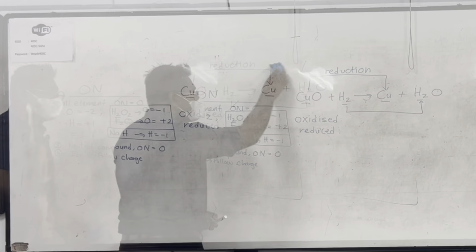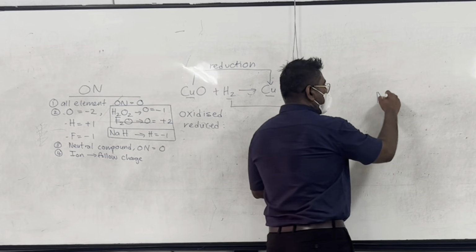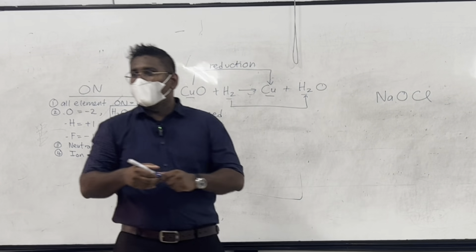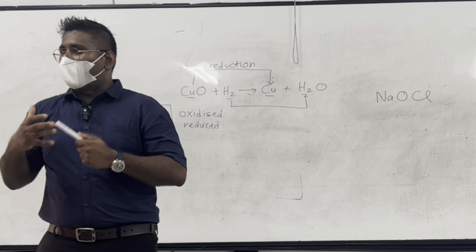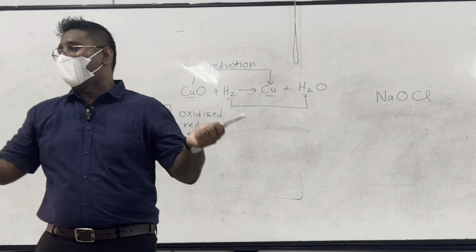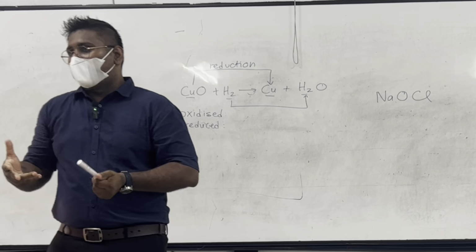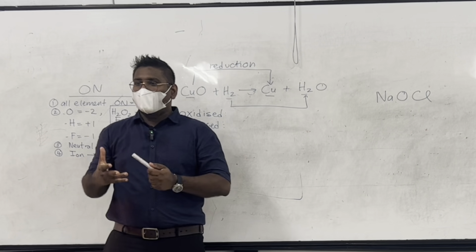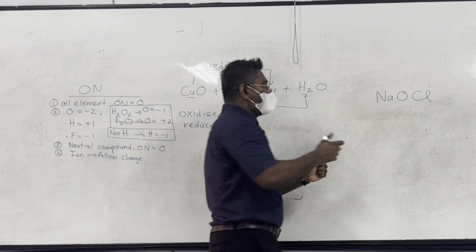Okay, example, let's say I give you one example, NaOCl. And then they ask you, find the oxidation number of Cl, for example. Now, there are two ways to do this, but the best way, what I suggest you to do is to separate them.